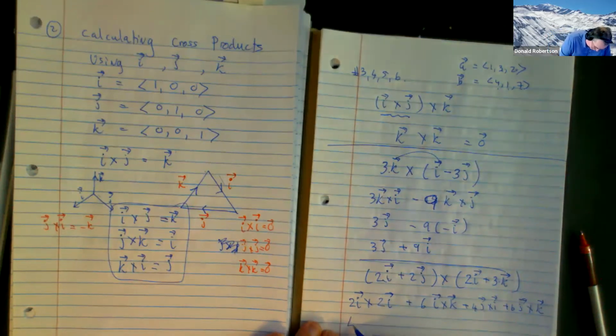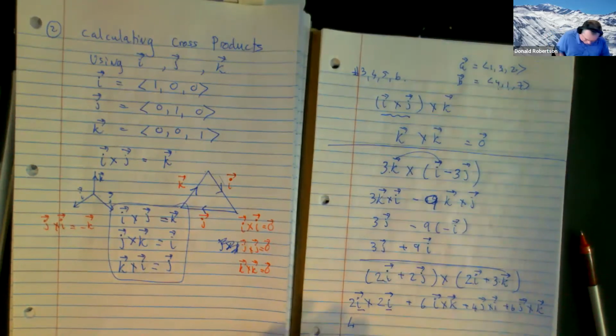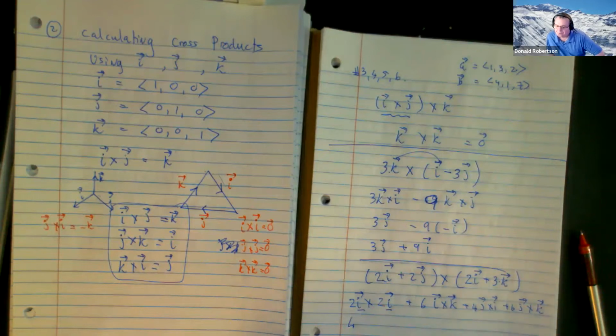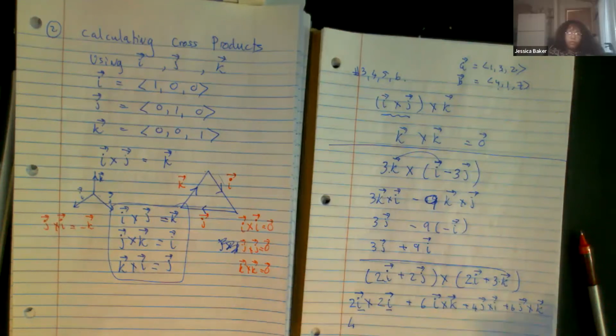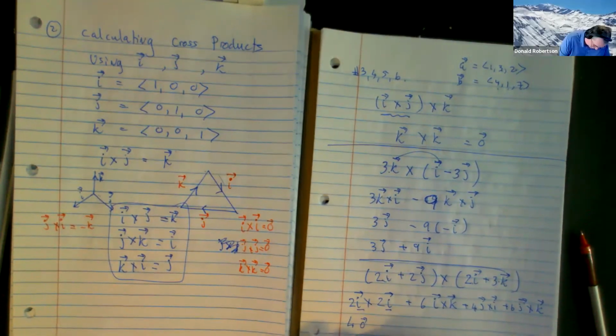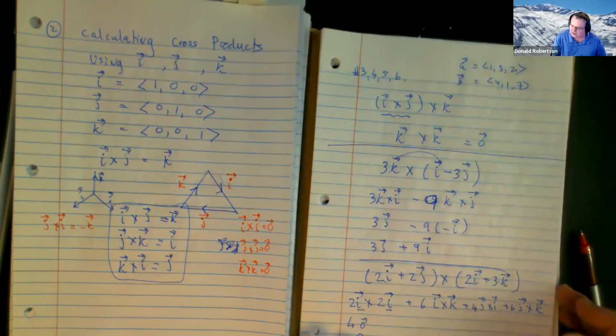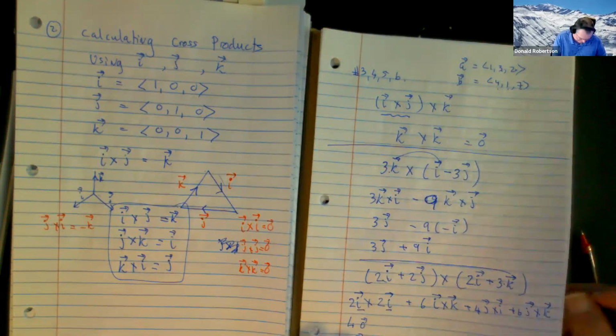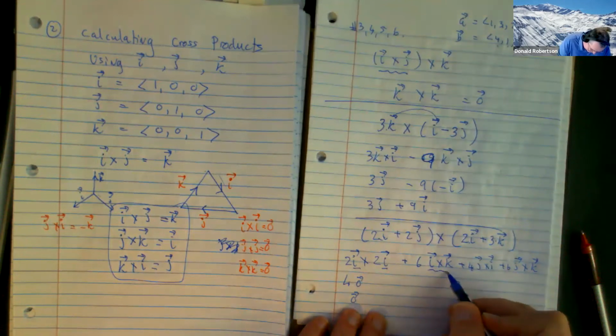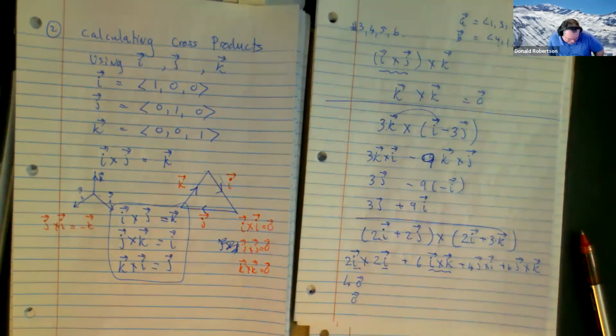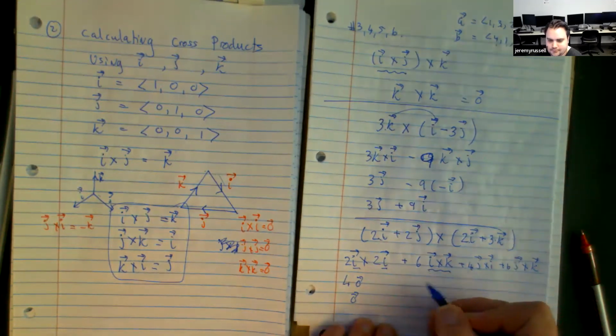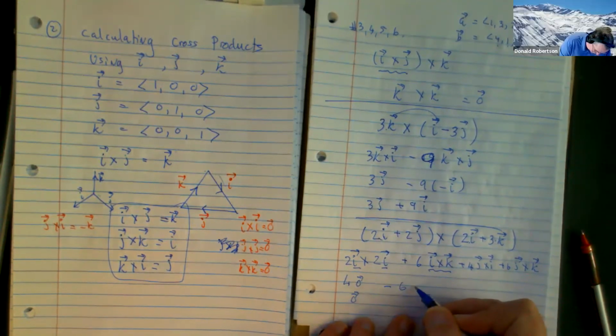Now, this guy is 4, but what does i cross i get you? 0 vector. So isn't 4 times the 0 vector just a 0 vector? In other words, it's not going to make any contribution. Now, what about this fella here? i cross k. What does it give? Negative j. Okay, so that's going to get you -6 j's.